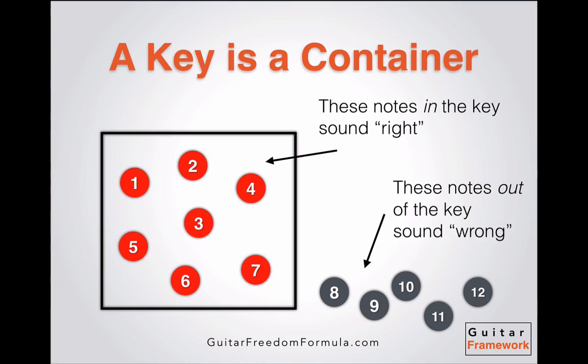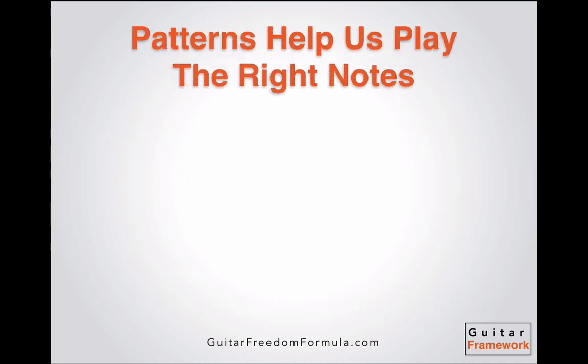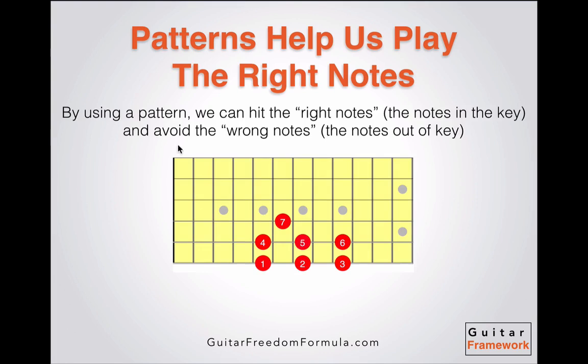They don't sound good. So we actually use scale patterns to help us play the right notes. In other words, to help us play the notes that are literally inside of the key and avoid the wrong notes. So again, by using a pattern, we can hit the right notes and avoid the wrong notes. It's really that simple.